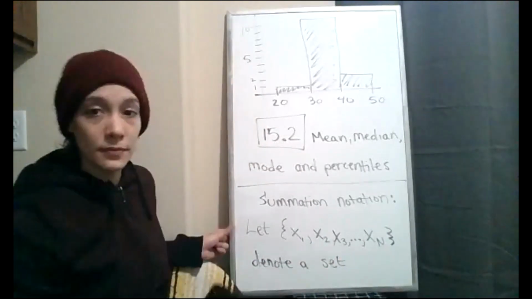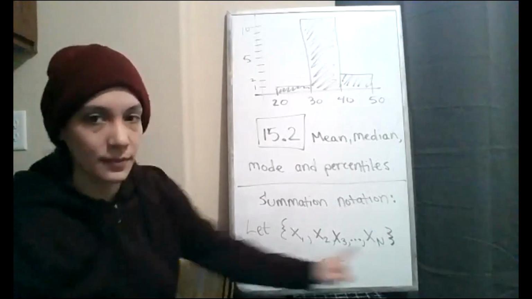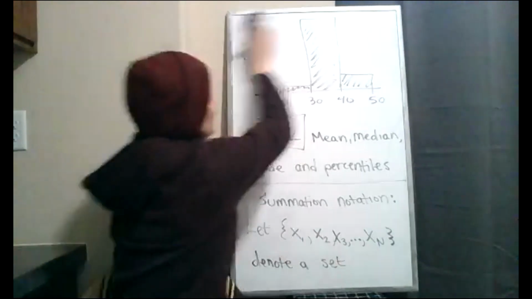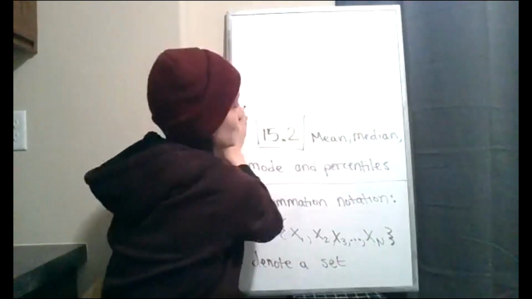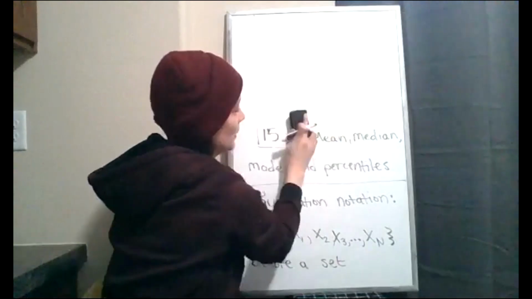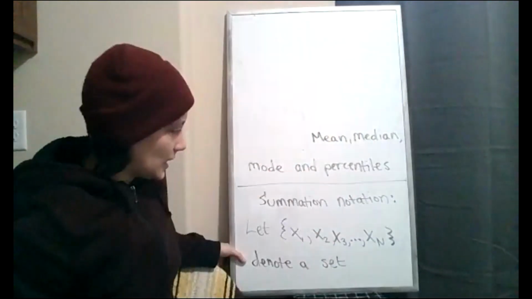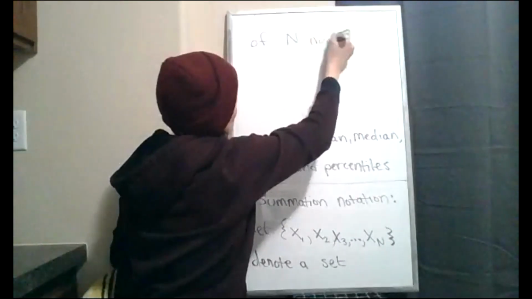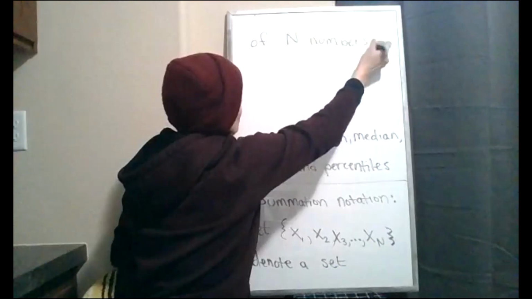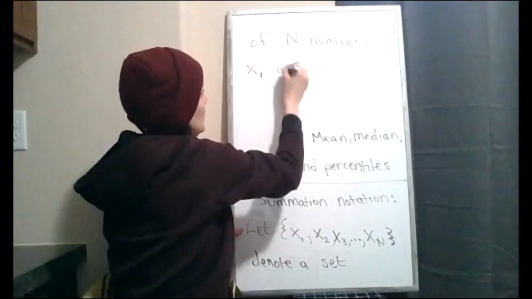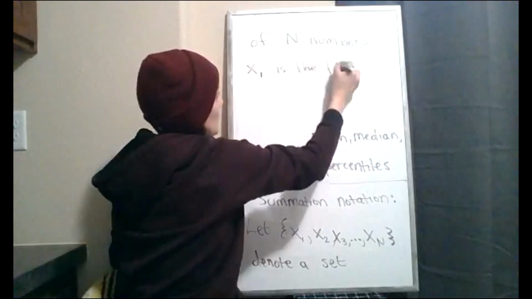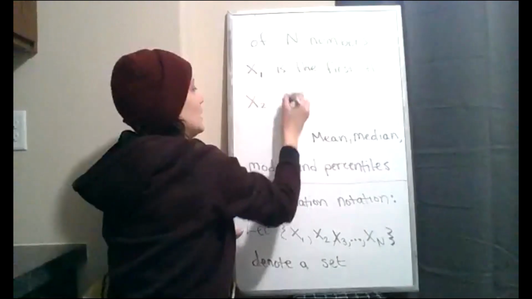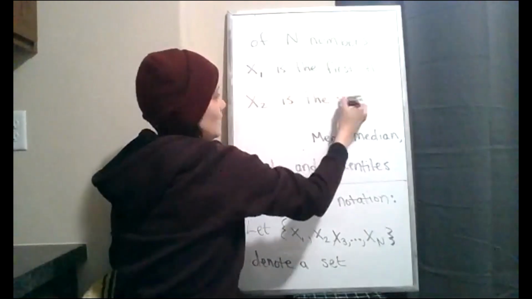Does x subscript capital N represent the final number given in a certain example? Yeah, that's perfect. Okay. It's a set of n numbers. x1 is the first number, x2 is the second.